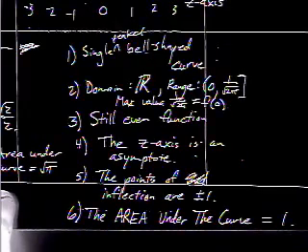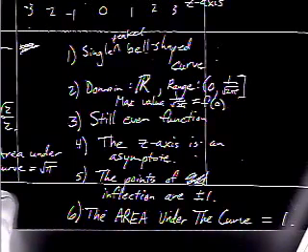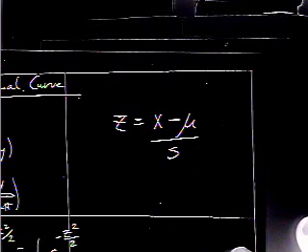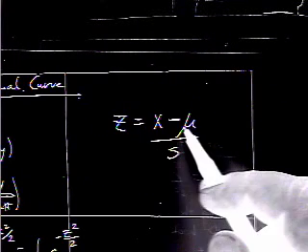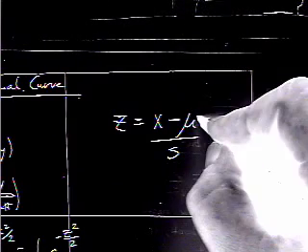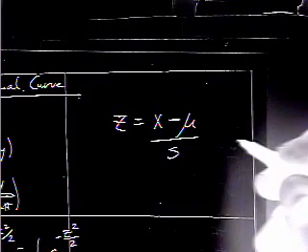With that in mind, we can figure out probabilities because we know that the probability of events occurring has to add up to 100% or 1. Just as a refresher on your z-score formula, which we will be using a lot tomorrow, z equals x minus mu over sigma, where we're talking about the mean and the standard deviation.